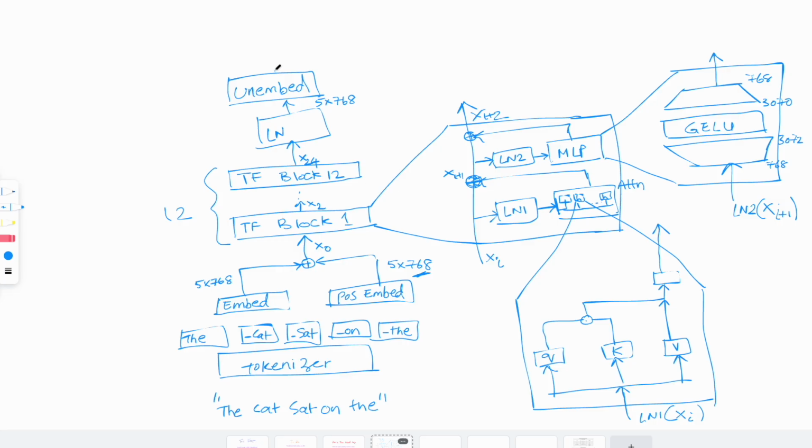Now that gets projected into a bunch of logits, which are literally the scores of the possibilities. So this is a 5 by 50,257. The last token, the last representation here, will show what is the most likely token that's going to come out of this, and that's going to represent the highest value.